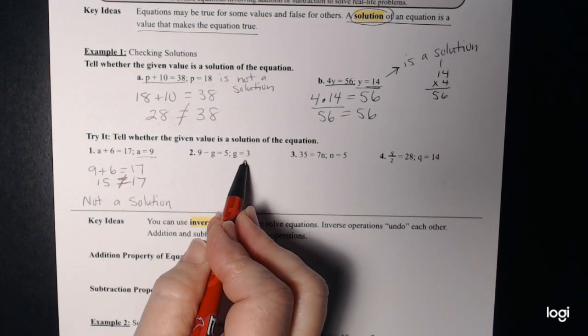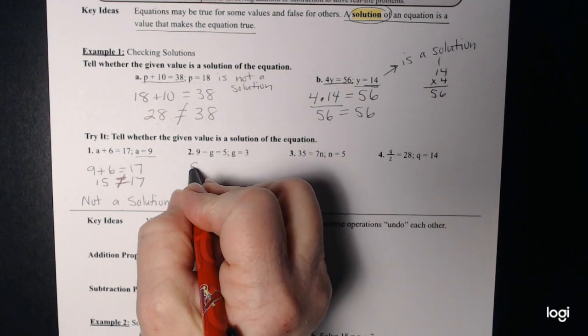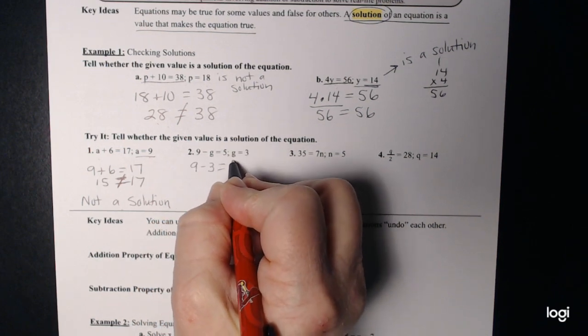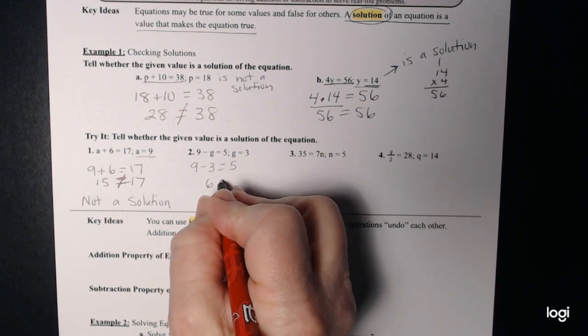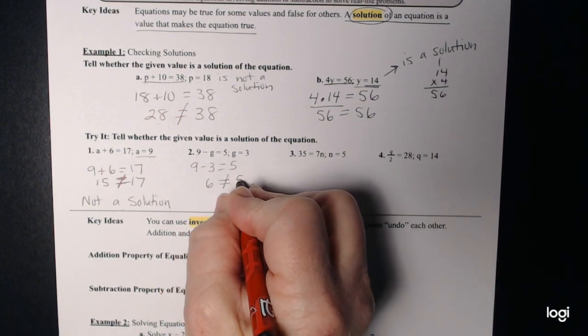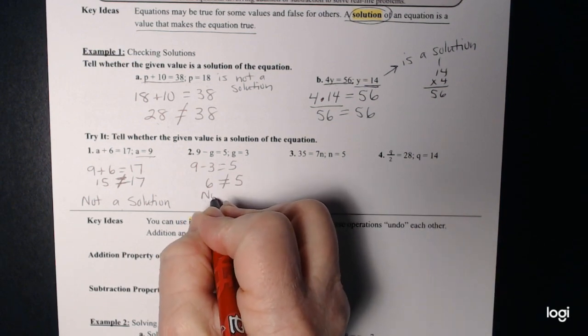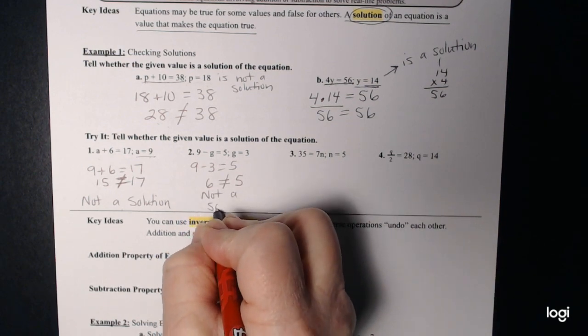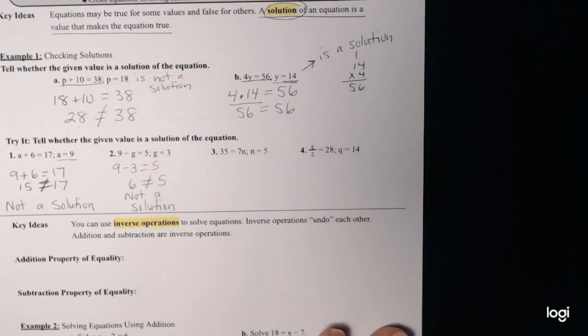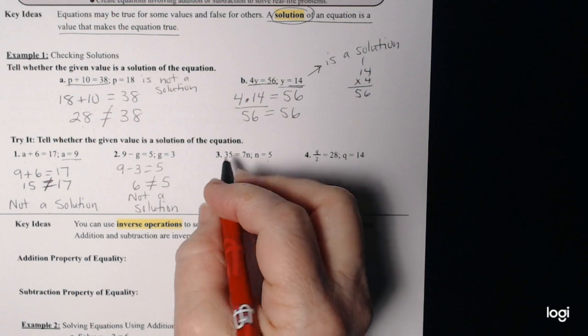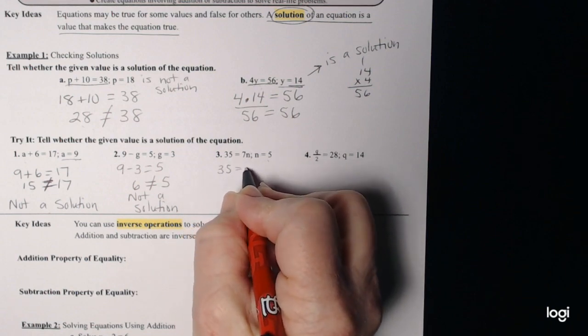Let's try here. G. Put 3 in for it. 9 minus 3. 9 minus 3 is 6. 6 does not equal 5. Not a solution. Okay, we're going to substitute 5 in. 35 equals 7 times.